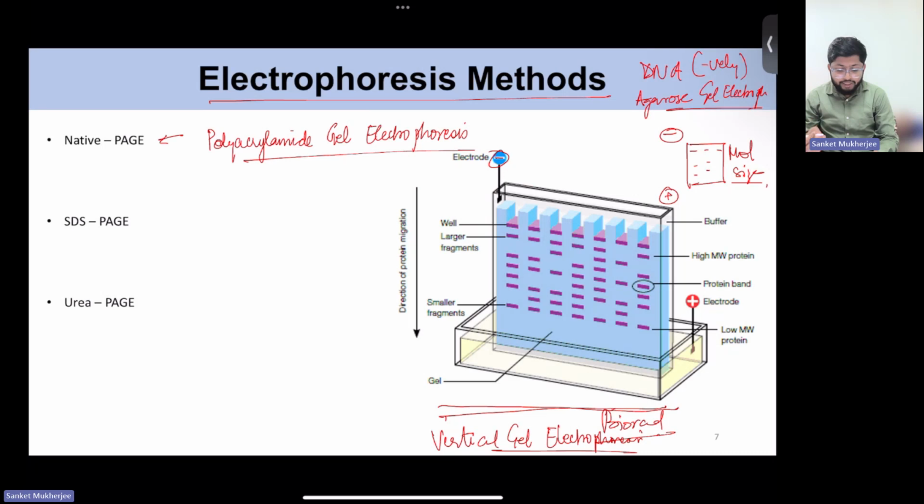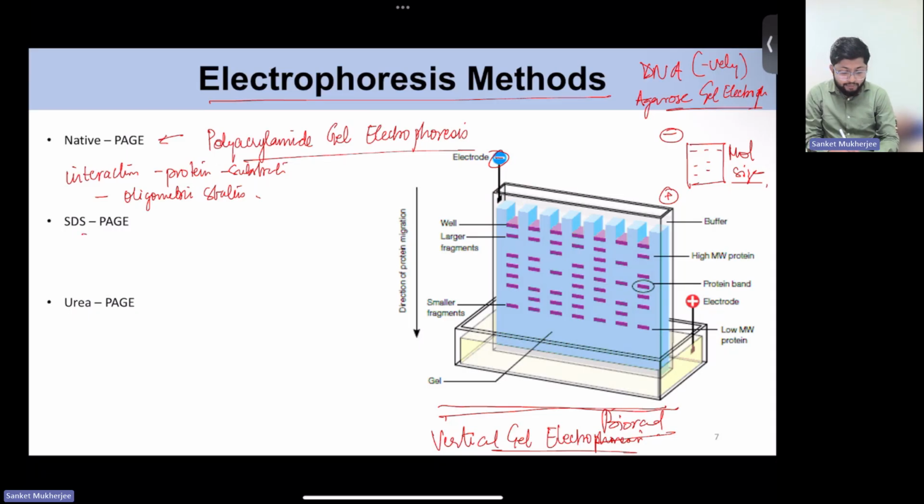With native gel or in a native PAGE, you can find the interactions between protein and, let's say, enzyme and substrate, or you can also determine the oligomeric status of the protein. There could be protein-protein interactions as well, which can also be visualized.